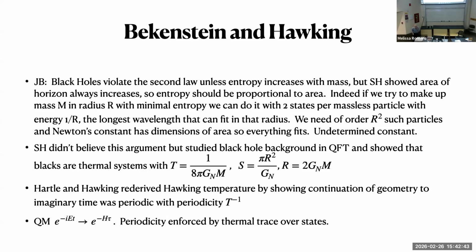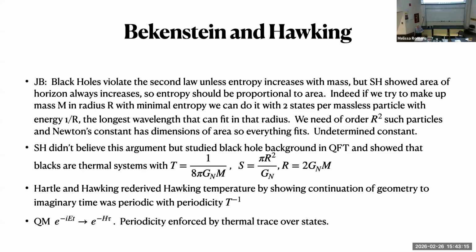Now, with Jim Hartle, Hawking then did another calculation that gave a little bit more insight into why black holes have temperature. And he used a principle of quantum mechanics that I hope most of you know. In quantum mechanics, the time evolution operator is e to the minus i times the Hamiltonian times time.